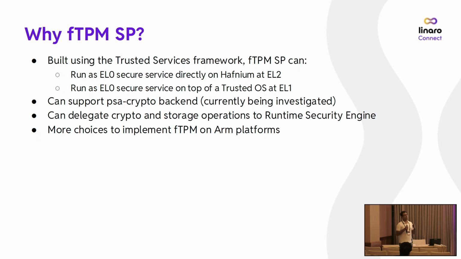In addition, the fTPM TA cannot utilize the services from the secure partitions implemented using the Trusted Services framework. However, with fTPM SP, FF-A can be used to communicate between the normal world and the secure world. And also, fTPM SP can utilize the services from secure partitions which are implemented using the Trusted Services framework.